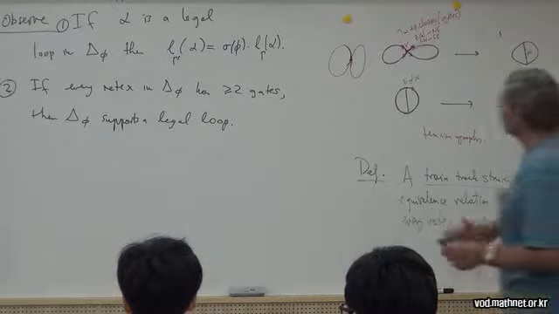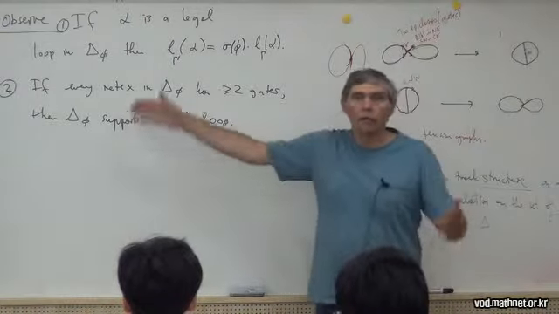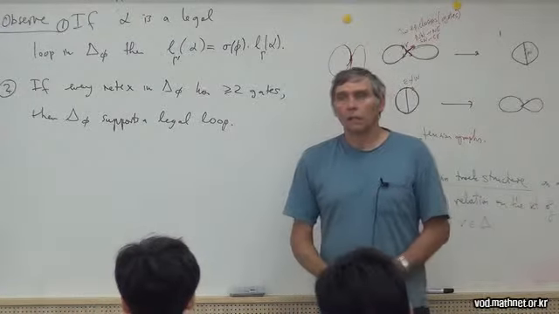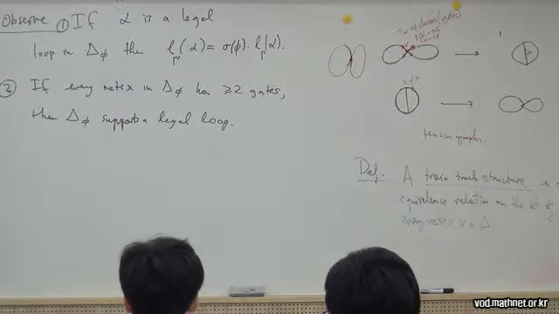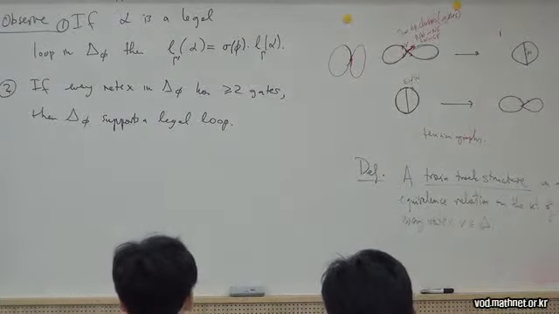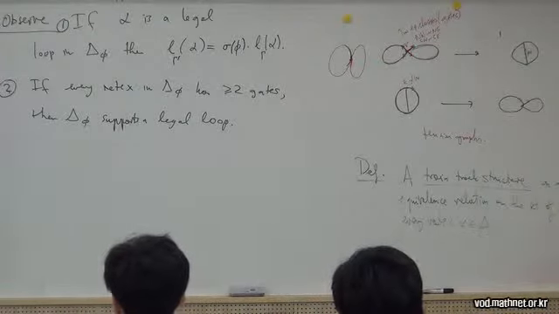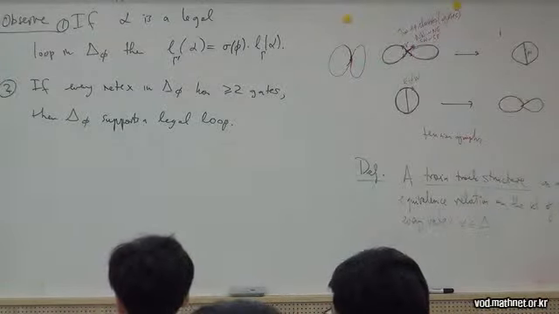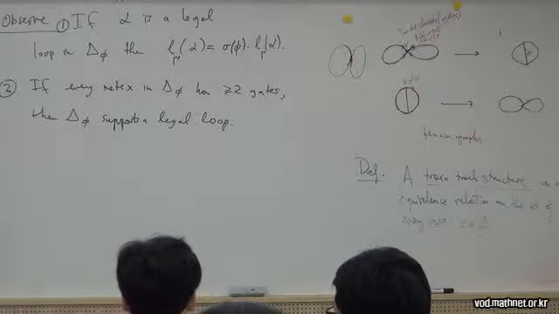But if this doesn't happen, if every vertex has at least 2 gates, then in fact you can find a legal loop. How do you do that? You just keep going, right? You're driving the train, and there's always a way out. It's a finite graph, so eventually you'll come back to the same edge with the same orientation, and you'll close up.